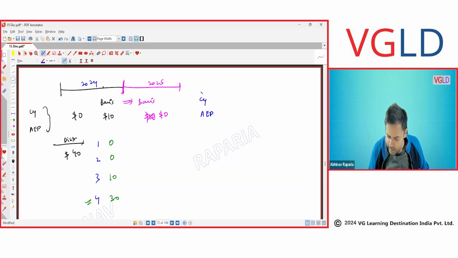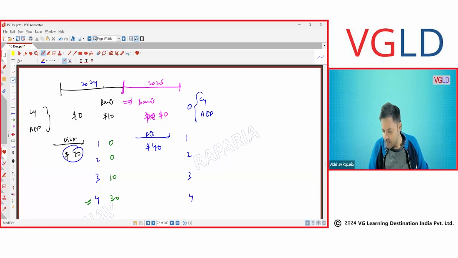Current year and accumulated, again, it's 0. And again, I'm making the same distribution of 40. Now, how much is my capital gains, guys? Correct. Good point. This is going to be 0, 0, 0 now, and 40. Is this point clear or not, everyone?